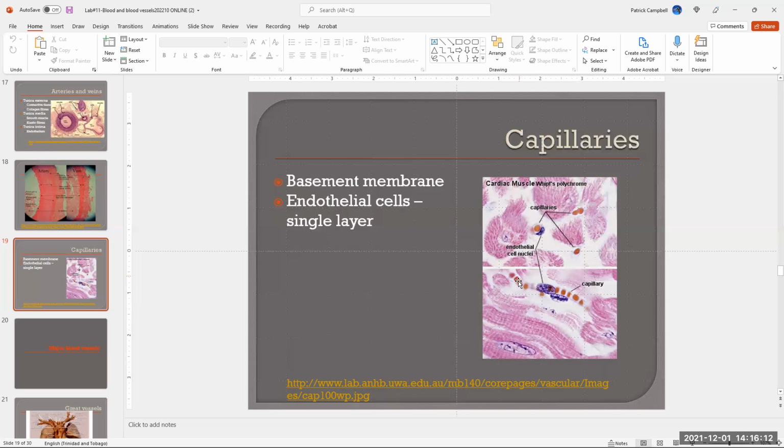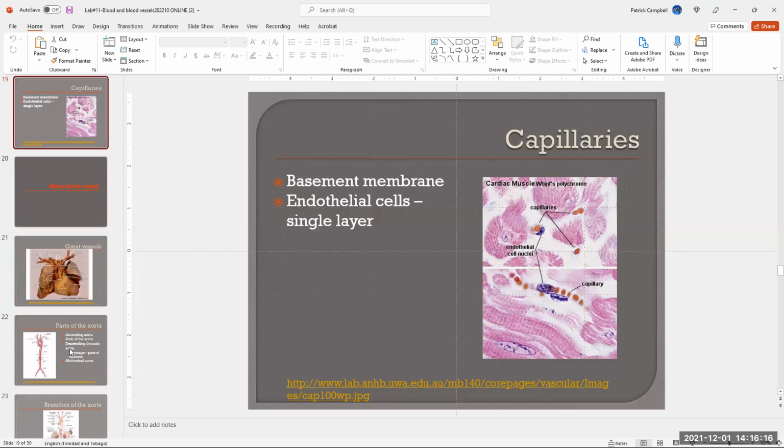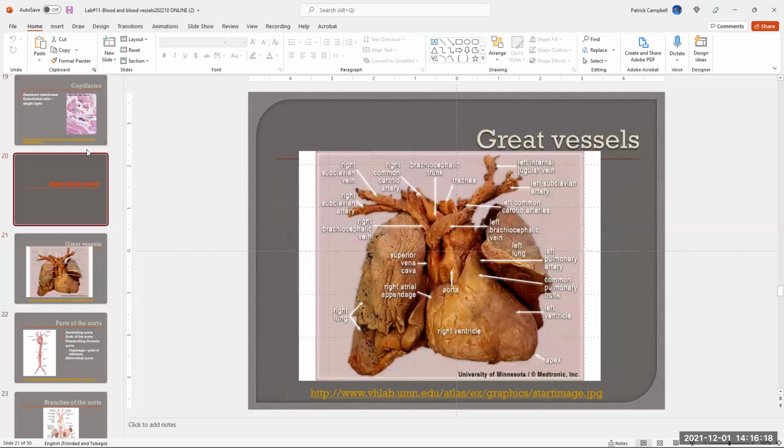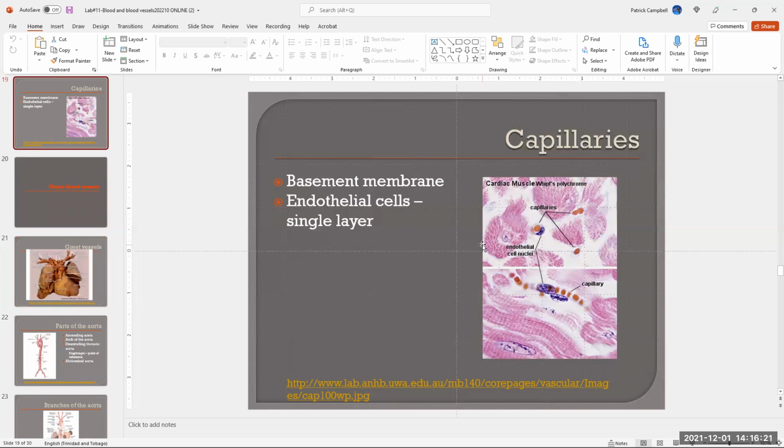And now we can appreciate why, with some persons, when you get a bruise, it is so easy to break them, and you see the skin discoloration looking purplish. It's very easy because they're so fine.